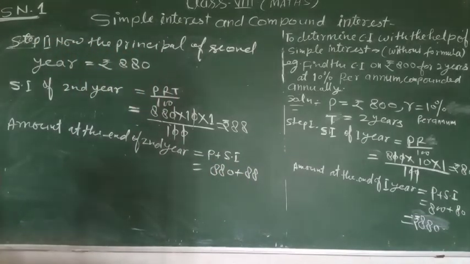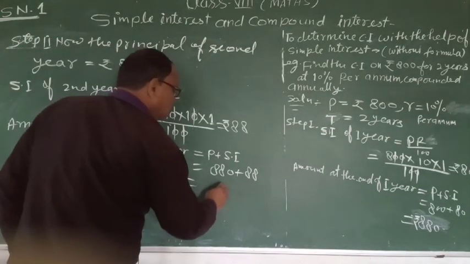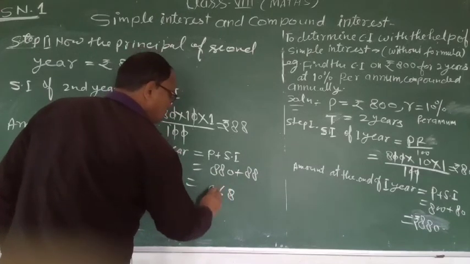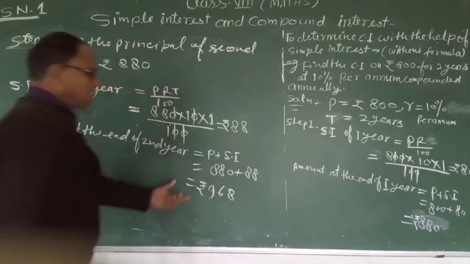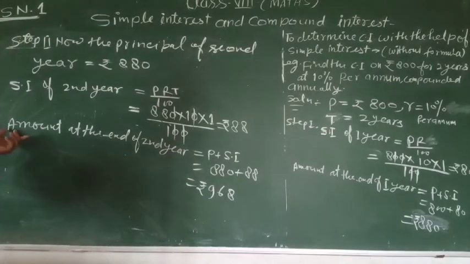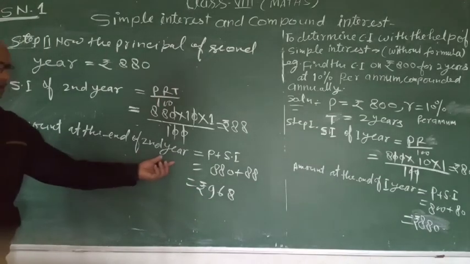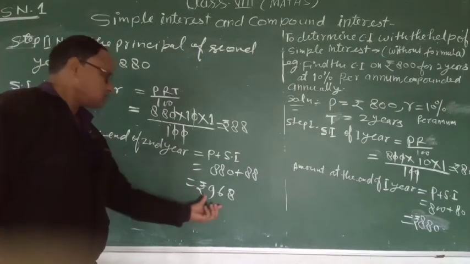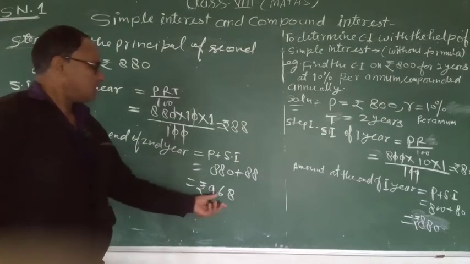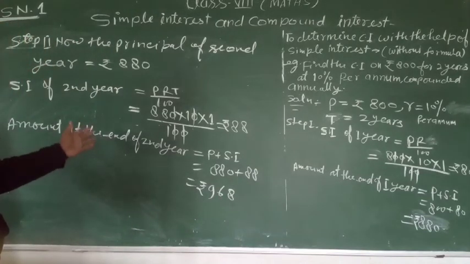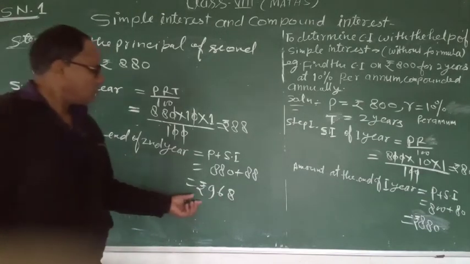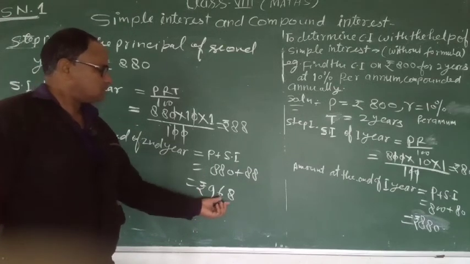Okay. And here we get 968 amount at the end of the second year. We get the last amount 968 after 2 years.